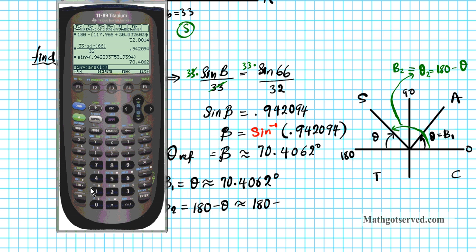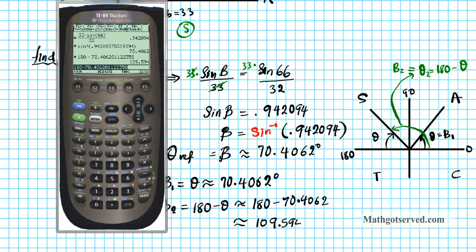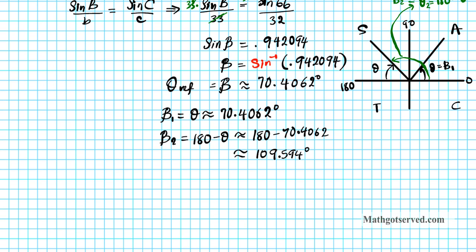Enter. And that is 109.594. So 180 minus 70.4062 is approximately 109.594 degrees.